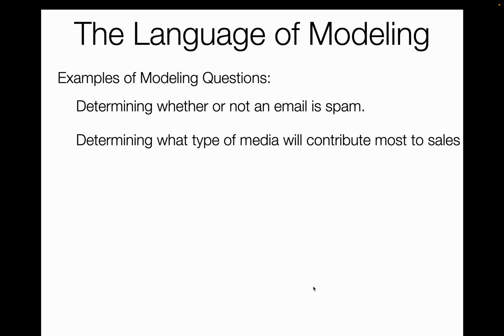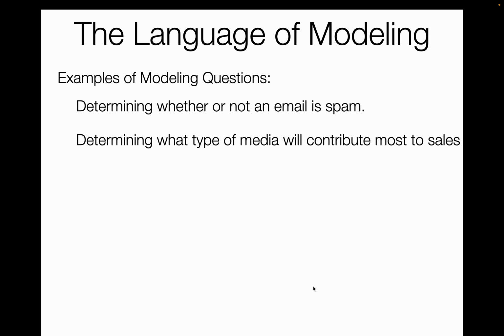So, a prediction question. Next: determining what type of media will contribute most to sales. I'm at a company that is selling something, and they promote their product in a number of different ways: newspaper, possibly, although maybe that's a little bit old, email, social media, and so on. I want to determine what type of media will contribute most to sales.